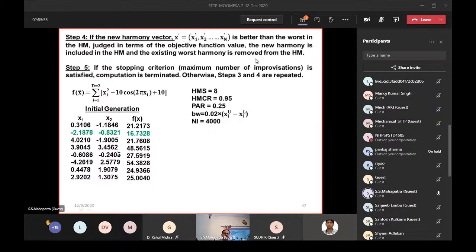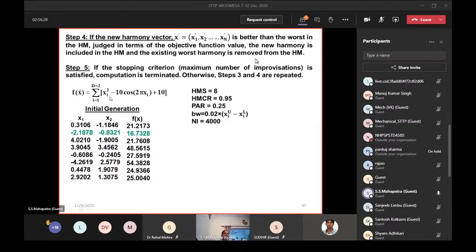Now, in the next solution, x1 prime will be any value from these existing values with probability HMCR, right? So 95% probability that your new x1 prime will be any value from this column. Or it will be a new value within the range of x1.